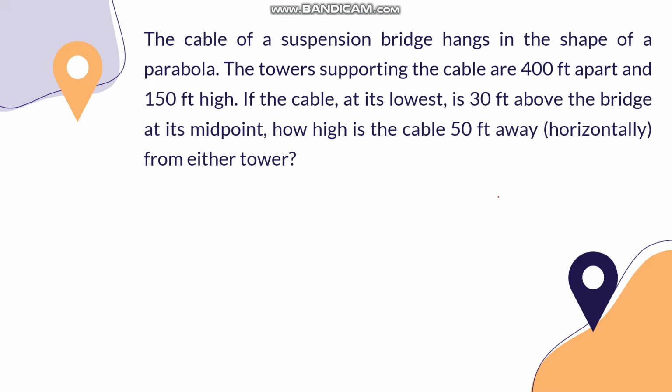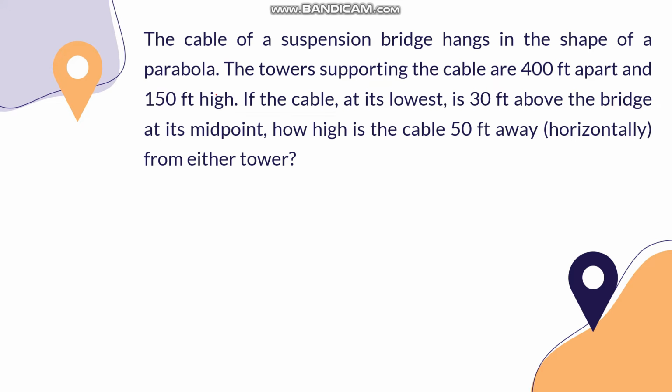For our next problem, the cable of a suspension bridge hangs in the shape of a parabola. The towers supporting the cable are 400 feet apart and 150 feet high. If the cable at its lowest is 30 feet above the bridge at its midpoint, how high is the cable 50 feet away, horizontally, from either tower?